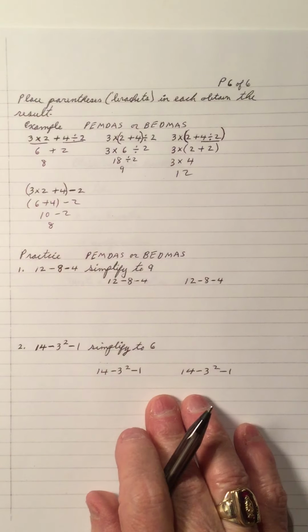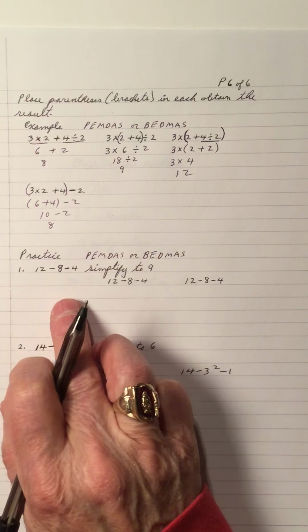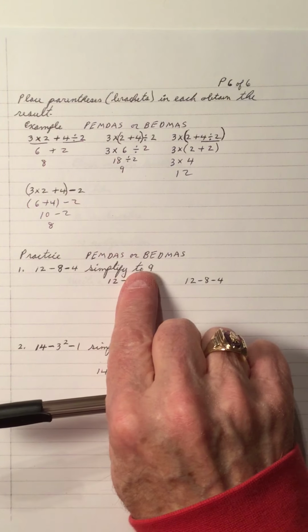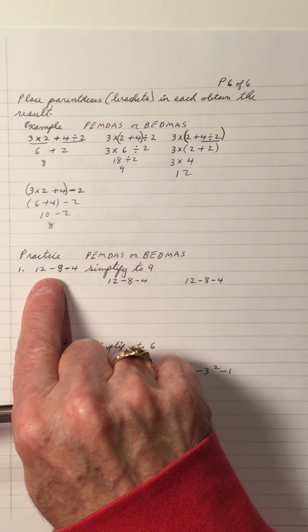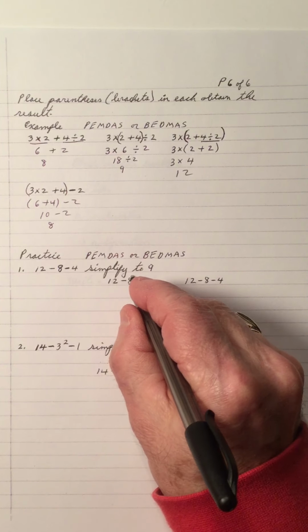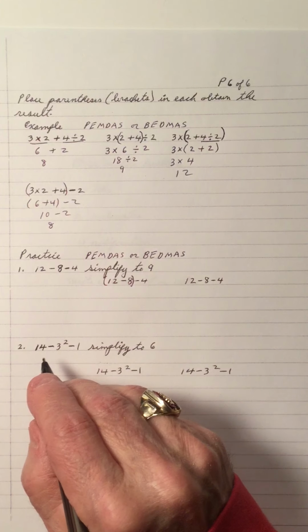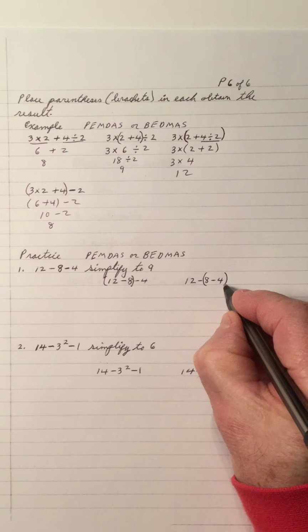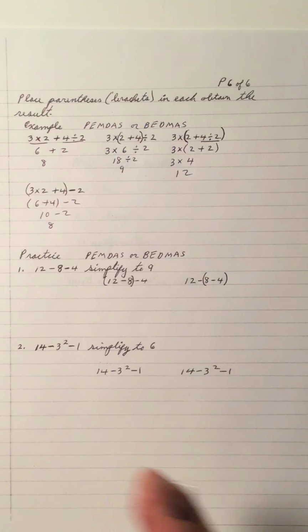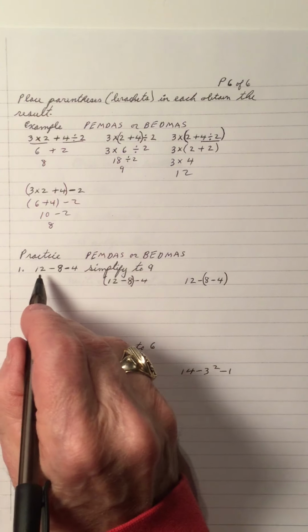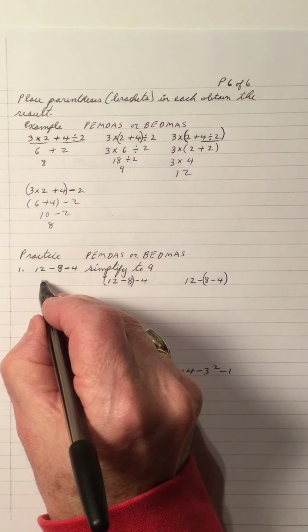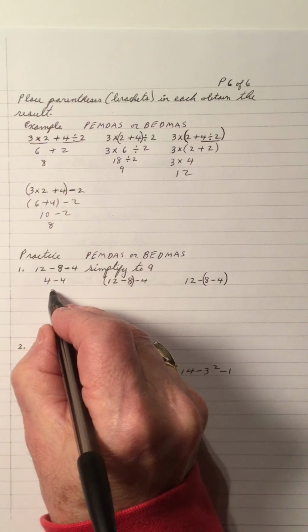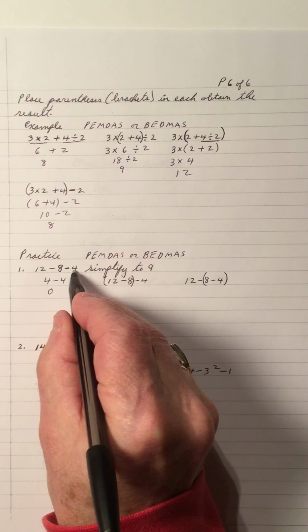So notice I get the same number twice here, but just coincidence. I get different numbers. So what about if I take this one and put the brackets in so that I get a 9? If I put brackets around 12 and 8, or if I put the brackets around 8 and 4, I'd probably get different answers. Because when I work this out right here, notice I get 4 minus 4. I do the subtraction and then a subtraction.